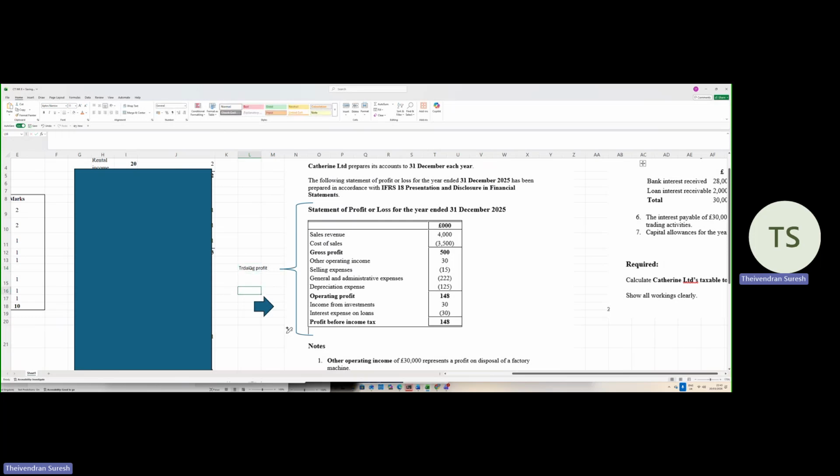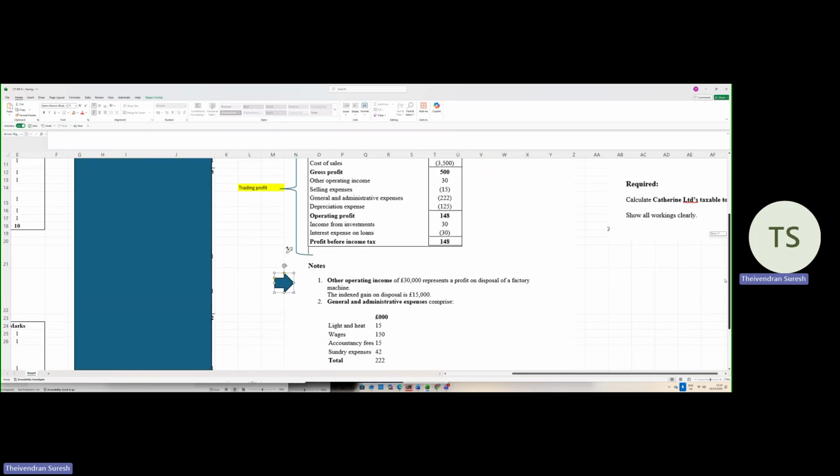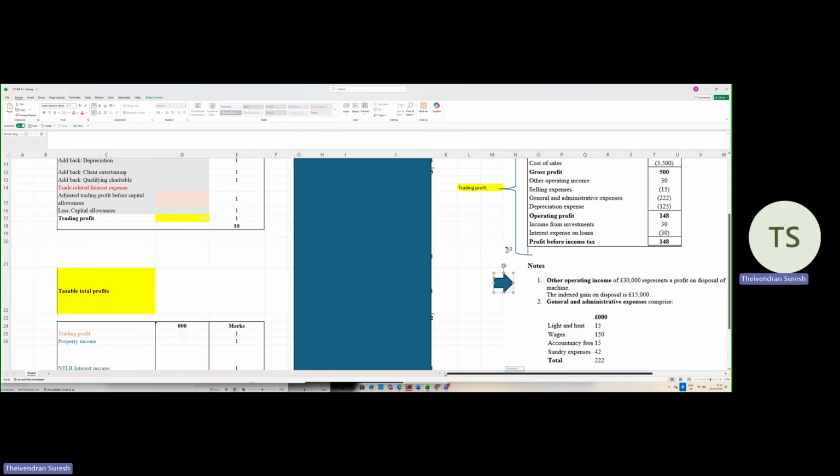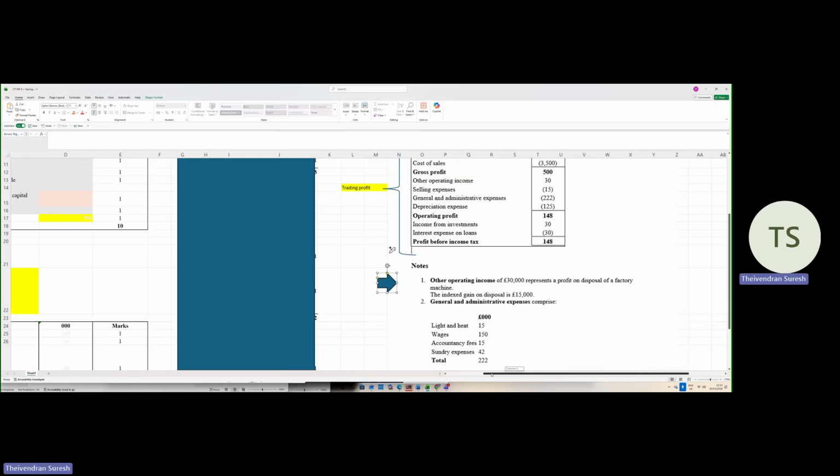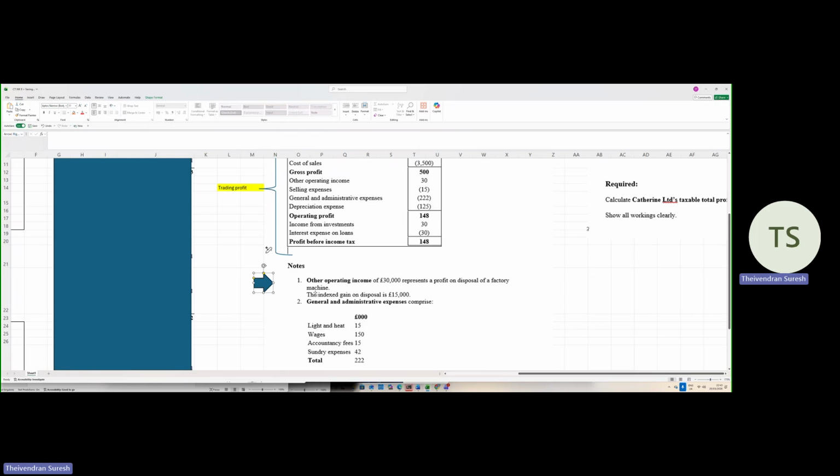The accounting profit has been given, so we need to do the necessary adjustments to find the trading profit. Remember I said we first do the other three different income items related to taxable total profit, and then we'll come back to the trading profit at the end.